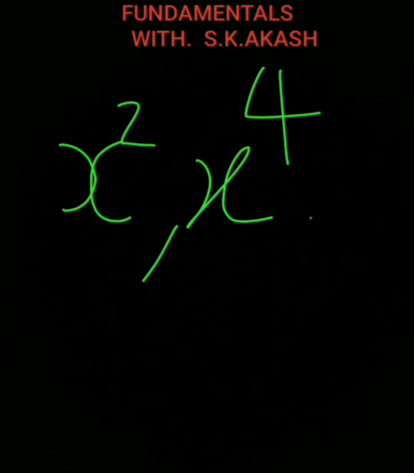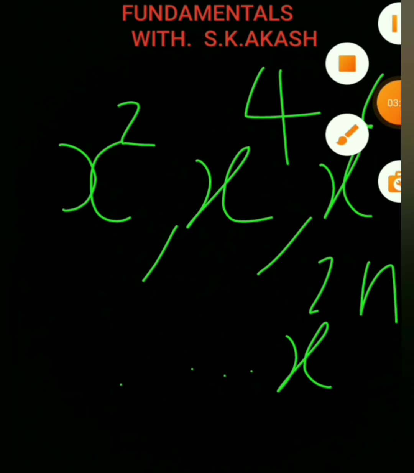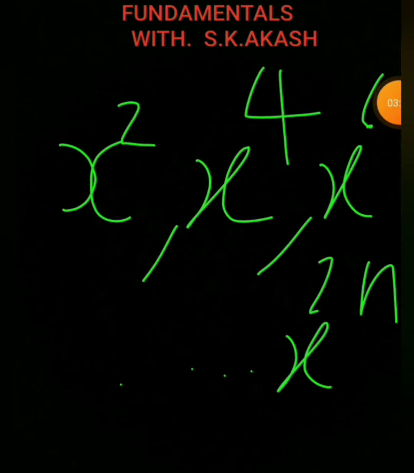The next important fundamental is exponents with an even integer power. For example, x square, x to the power 4, x to the power 6, up to x to the power 2n, you will get only positive values.